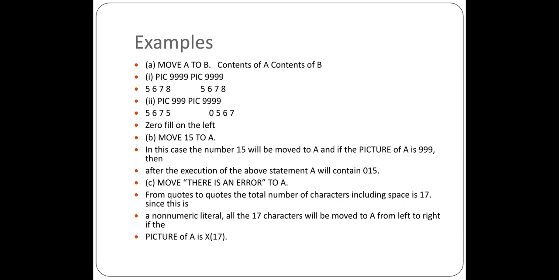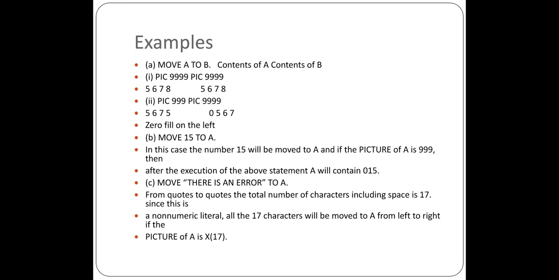Here we have 4-digit positions at the receiving field. So the first position will be filled with 0, because we are moving only 3 digits from the sending field to the receiving field, but the receiving field size is the bigger one compared to the sending field. So while filling from left to right, initially it fills the 0 value, and the second and subsequent characters will be filled with the correct digits. So you will have a 0 fill on the left.